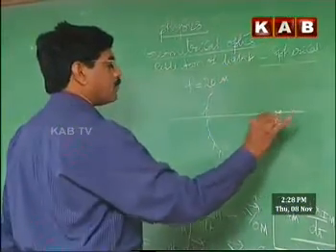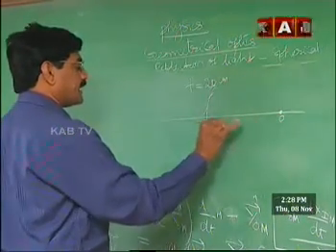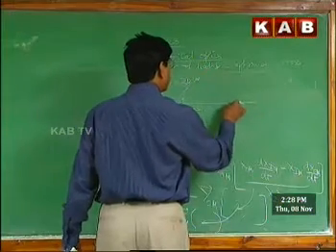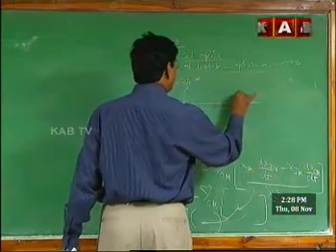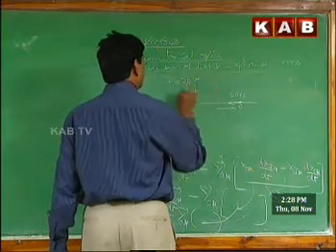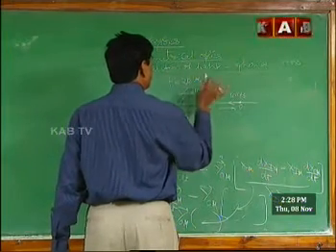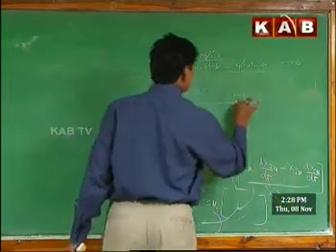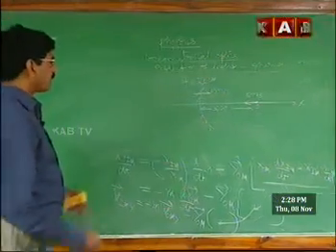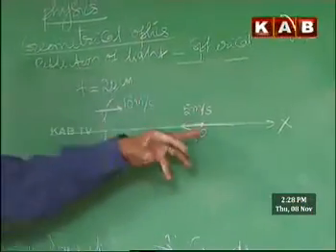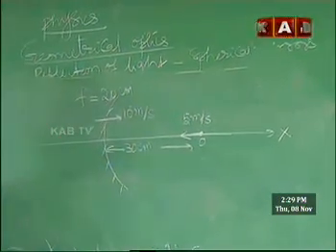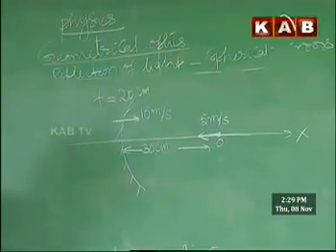Let a point object be located at 30 centimeters and moving towards it at 5 meters per second, and the concave mirror moving towards the right with velocity 10 meters per second. Now, what is the velocity of the image with respect to mirror, with respect to object, with respect to some other observer?